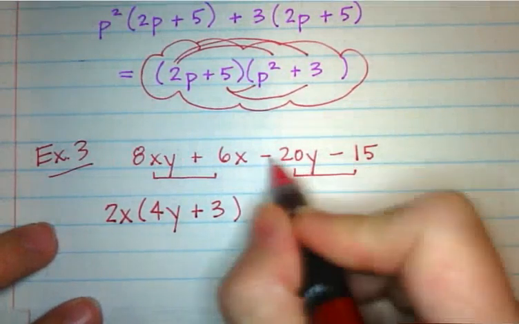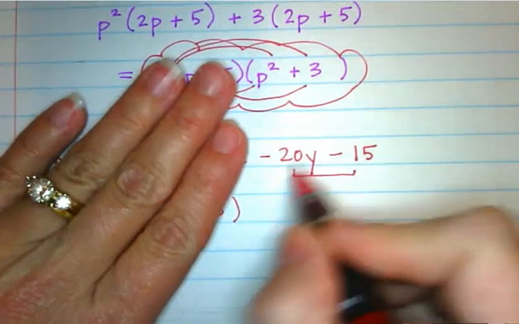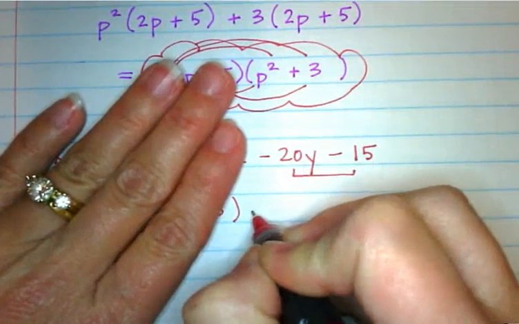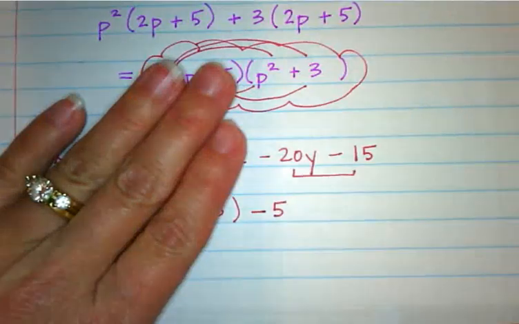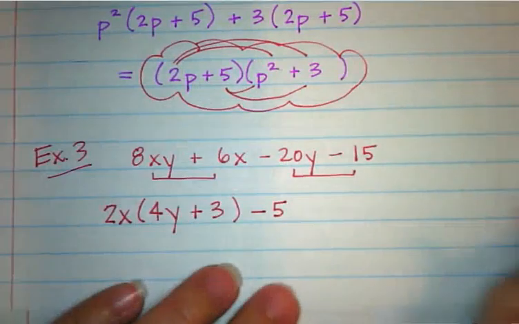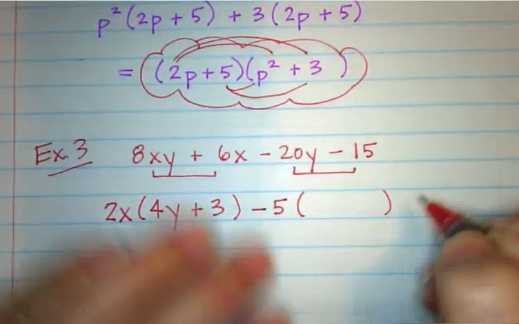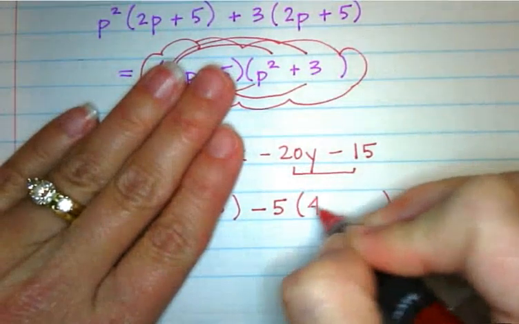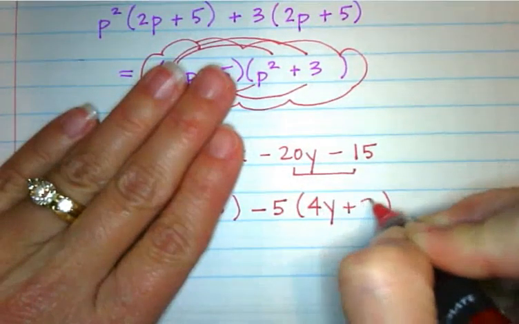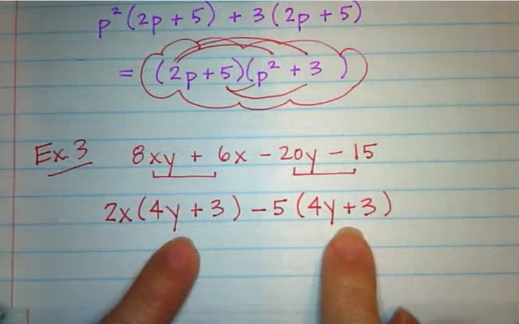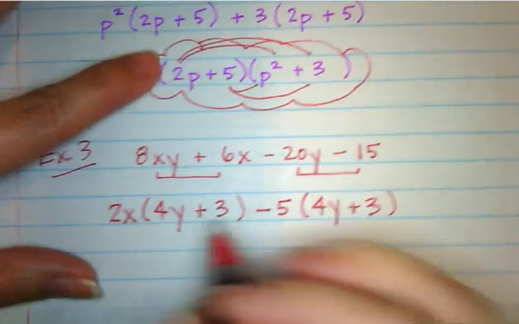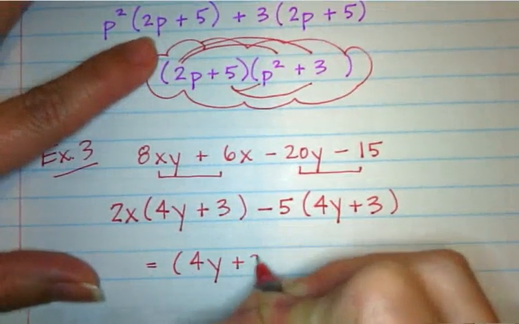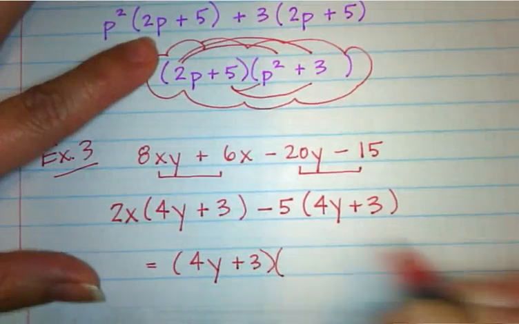All right, now these two, if I look at this group, I see a GCF of -5. And if I factored out a negative 5, that would leave 4y plus 3, which is what I needed to get.